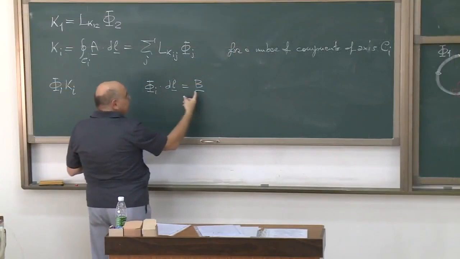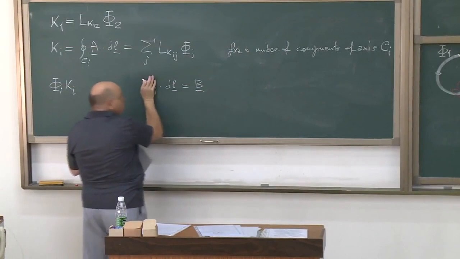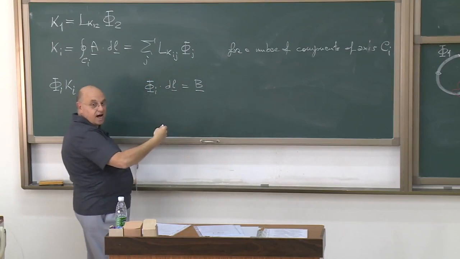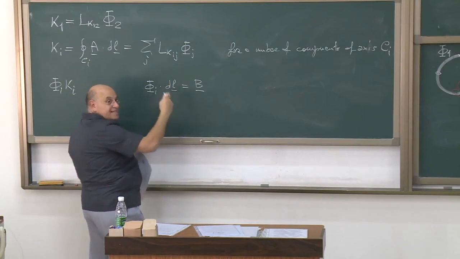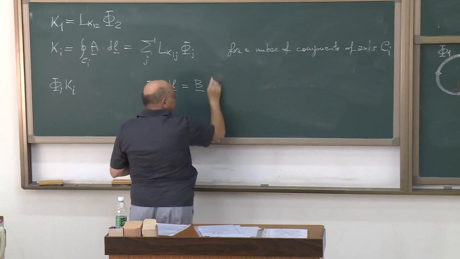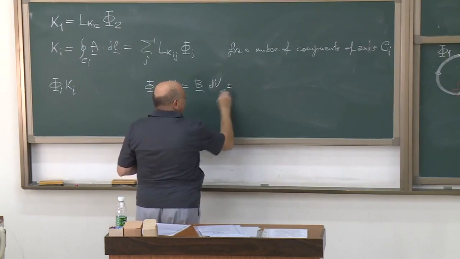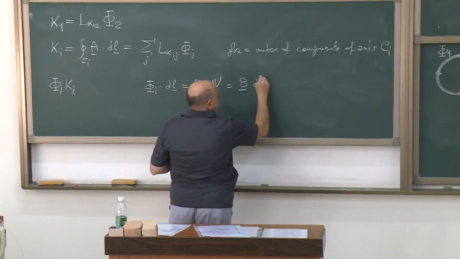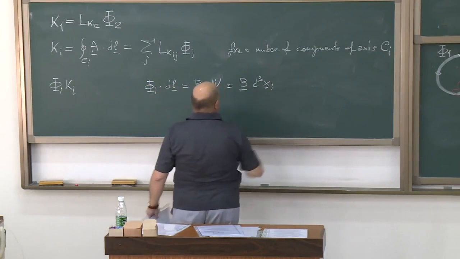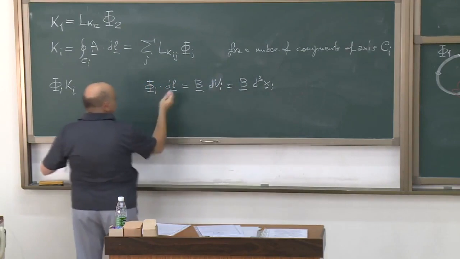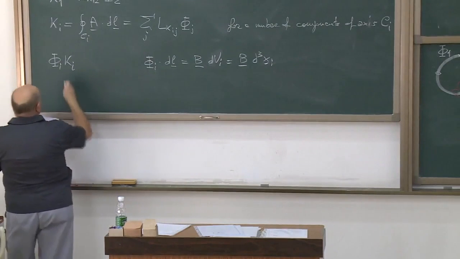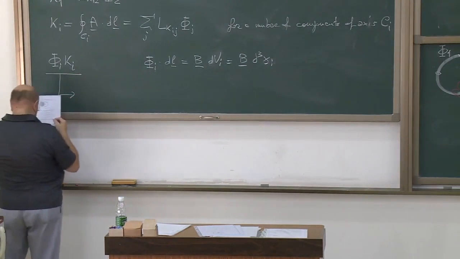So we have B times the cross-section to have phi, and the cross-section SI has to be multiplied by dLi. So we get d3x, a volume, dV, B d3x. For each I, we have an I here, we have an I there, etc. Okay, so we are now ready to compute this quantity.